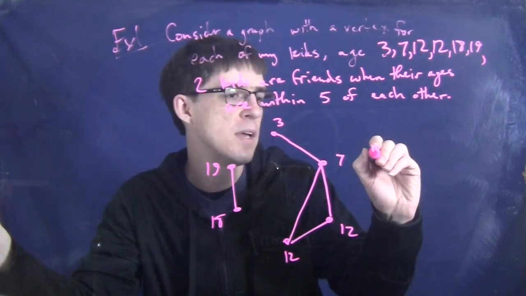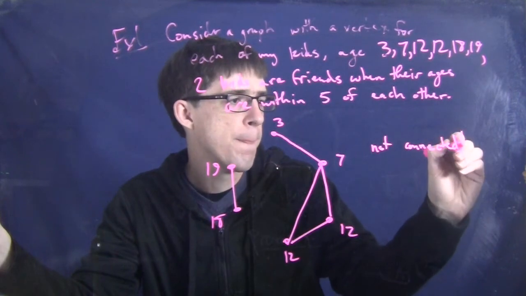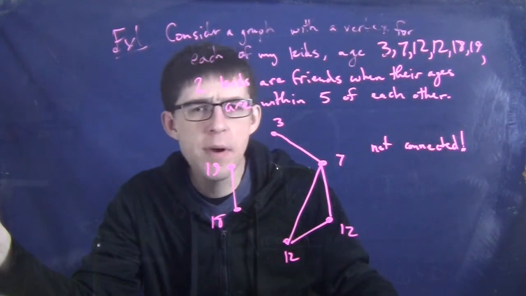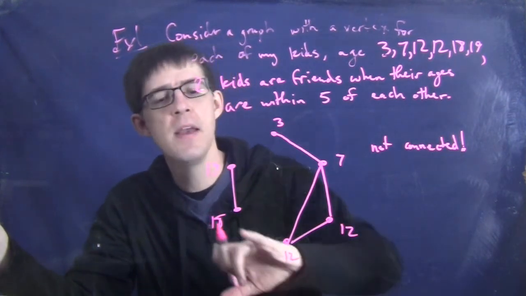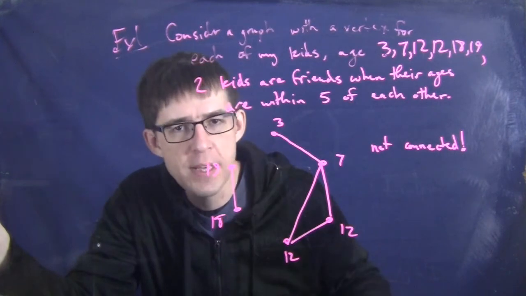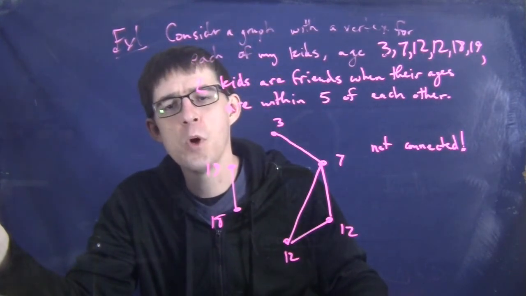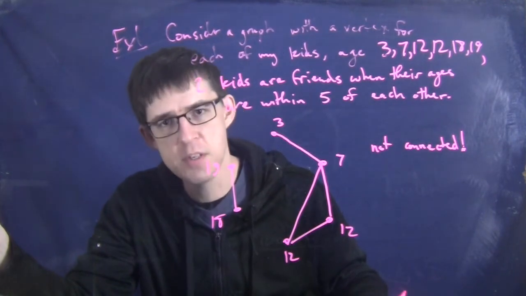Well, we can say it is not connected, right? Not connected, all right? Are there applications of the fact that this is not connected? I don't know. You could say something like, if I want to tell all my kids to brush their teeth tonight, could I just tell one of them and say, hey kid, brush your teeth, and tell all your friends to brush their teeth too?